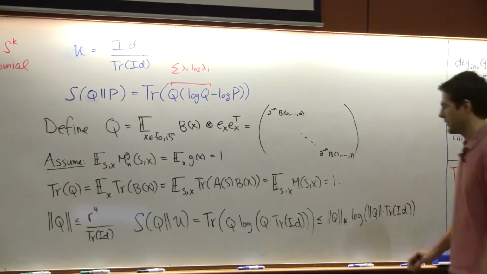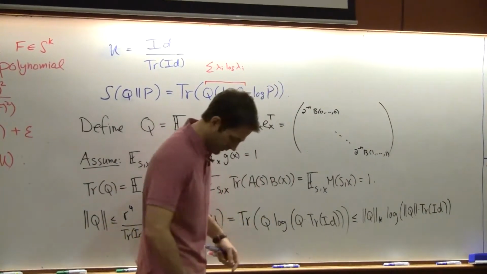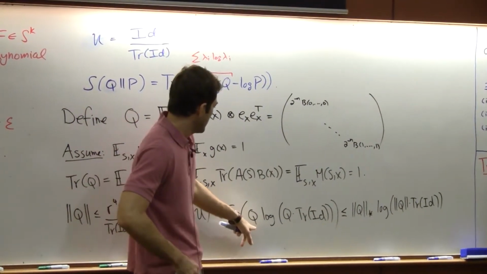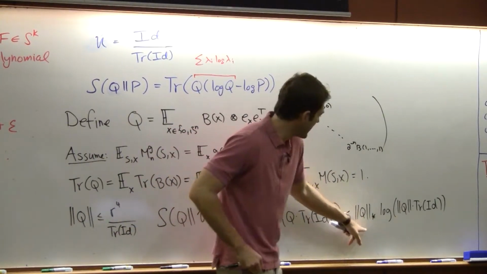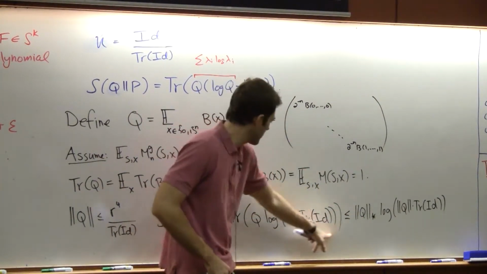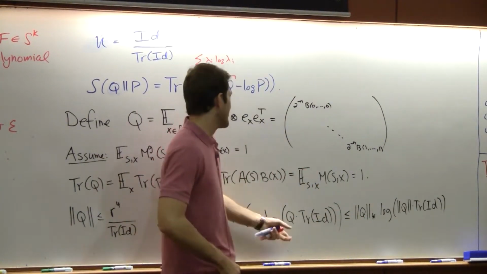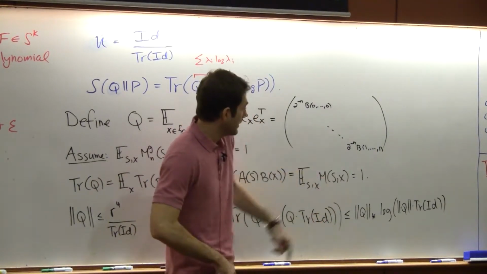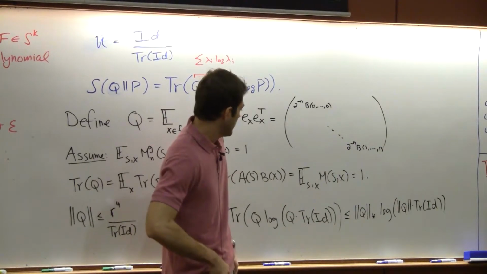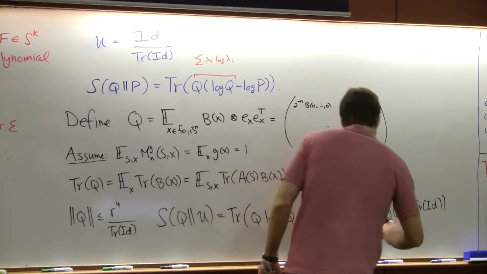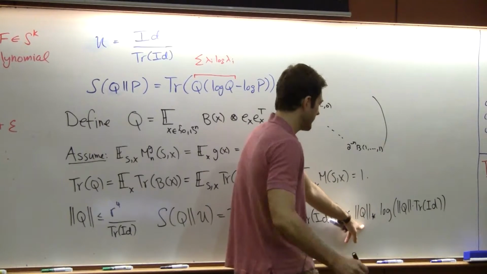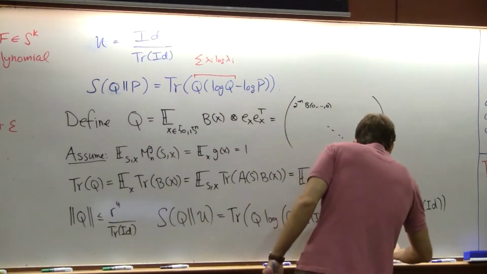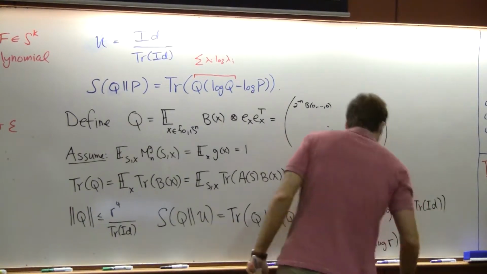We just use an easy Hölder here, which is that the inner product is bounded by the one norm of q times the infinity norm of this thing, and the infinity norm of this thing is exactly log of the operator norm of this thing, which is this. And the point now is that this is 1. This is the trace of q. This q is a density, and so we get our goal in this part.